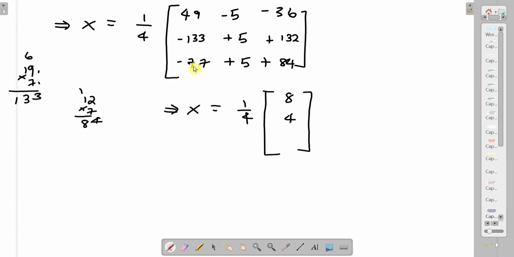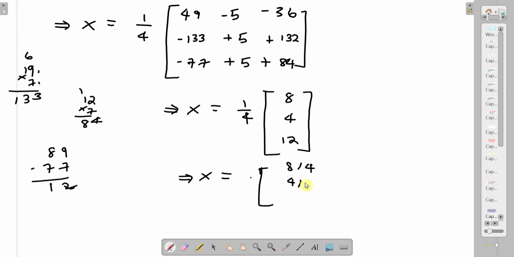Let us check it. Or if we do 84 plus 5 is 89, 89 minus 77 is 12, right? So this implies X is equal to 8 by 4, 4 by 4, 12 by 4.